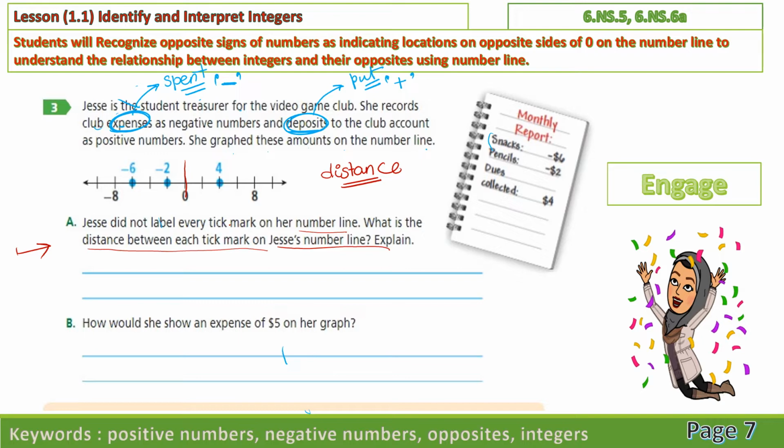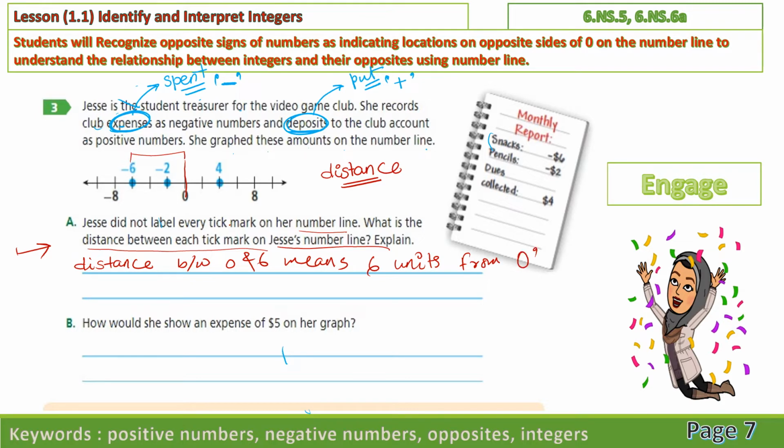So what is the distance of -6 from the 0? We write the distance between 0 and 6, which means 6 units from the 0, right? 6 units distance covered.